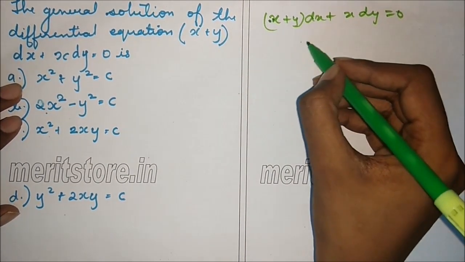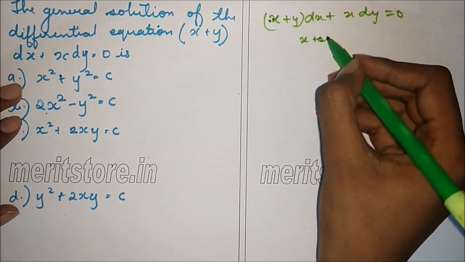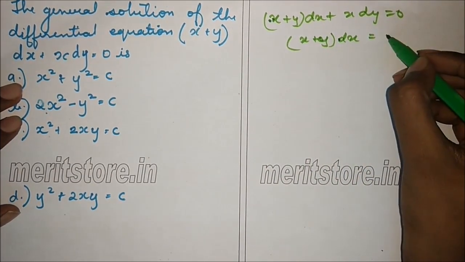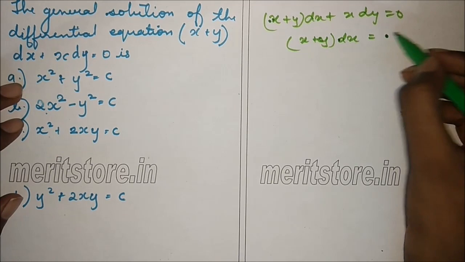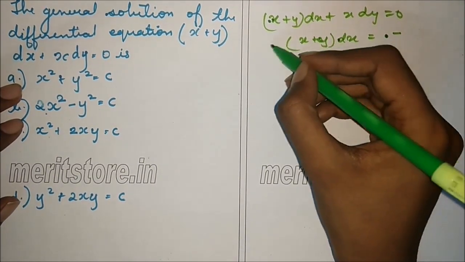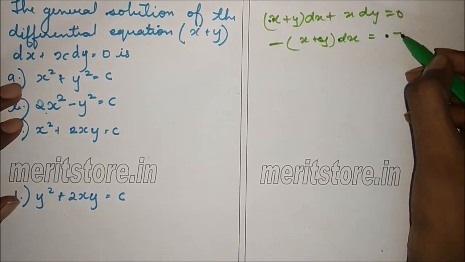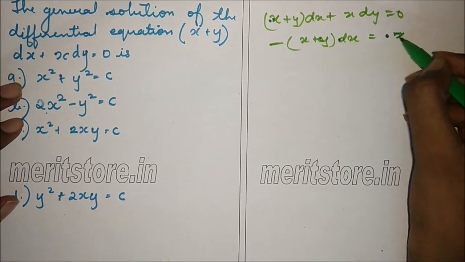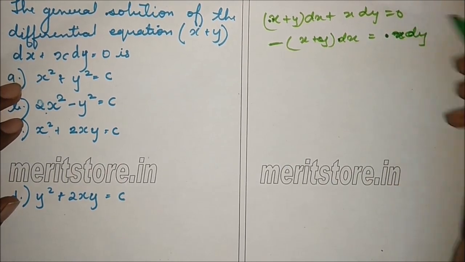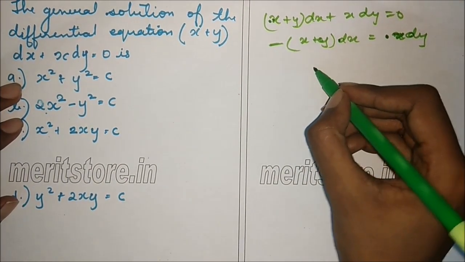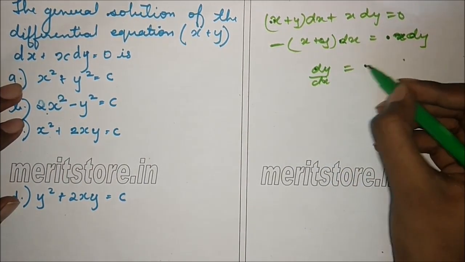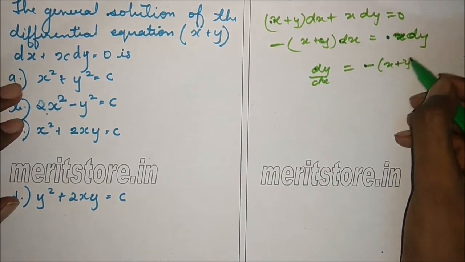We simplify this, we get x dy equals minus x plus y dx. So rearranging terms, we get dy by dx equals minus of x plus y by x.